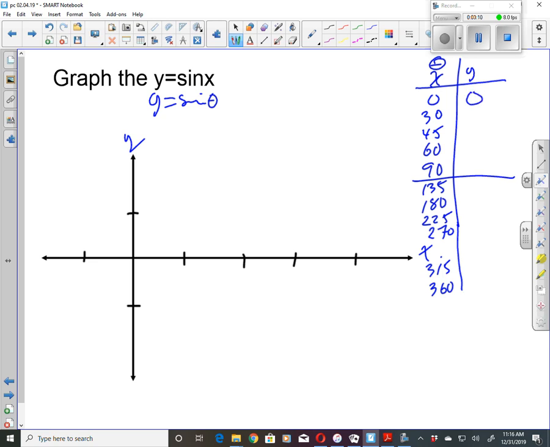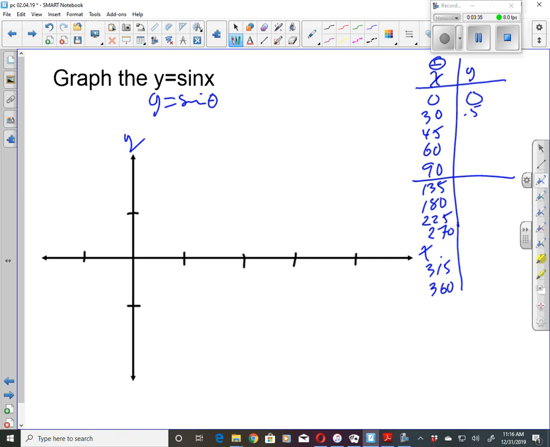That'll make a difference. So when you plug in 0, you get 0. When you plug in sine of 30, and again, take a second, plug it in, sine of 30 degrees. Make sure that you're in degrees. And notice that you get 0.5 because the sine of 30 degrees is 1/2.